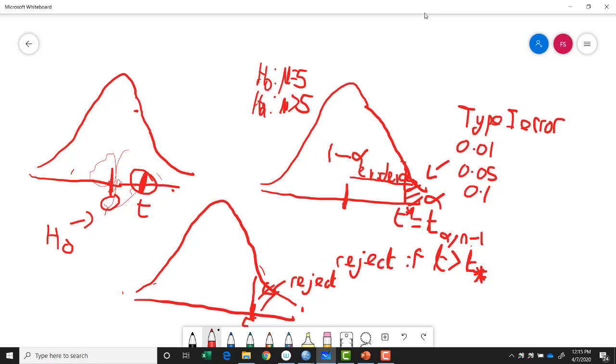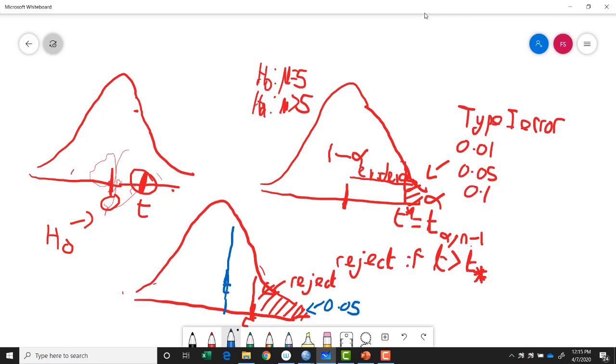So everything here, we're going to actually reject. And we have an actual t. So I'm going to have a t value here. And you can see we're not far enough along, and we're not going to reject. And imagine this guy is alpha equals 0.05 to the right.